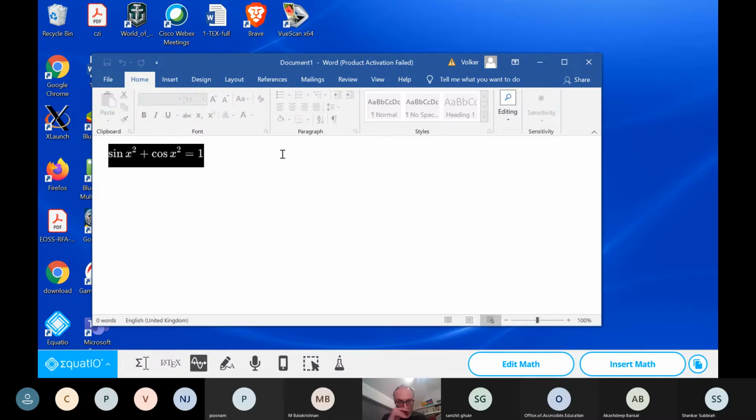If somebody can tell me how I can edit a math expression in Word, then I could try that. Is anybody familiar with that? The product activation has failed, so it won't allow you to edit anything on your screen. No? Where would it normally be?